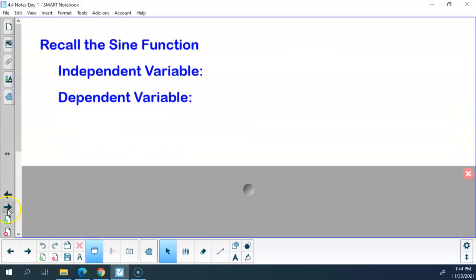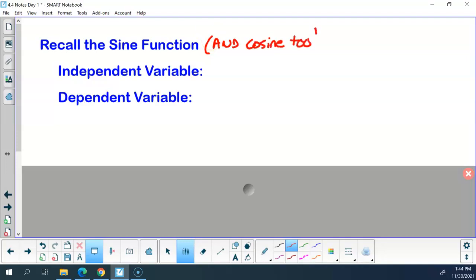Let's do this. Okay? So let's take a moment here to recap sine and, well, really the cosine function too. So let's recap sines and cosines.